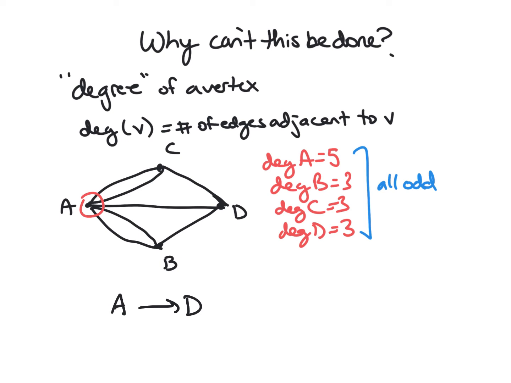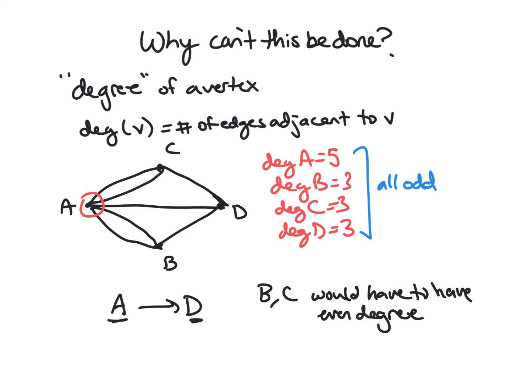Because we didn't end up there and we didn't start there. Every time we went in, we also came out so that we could end up going to D. This means that the degree of anything on the interior, basically not your starting point or end point, so here B and C, would have to have even degree, right? If you go in, you must go out.